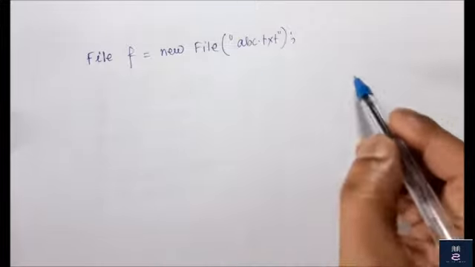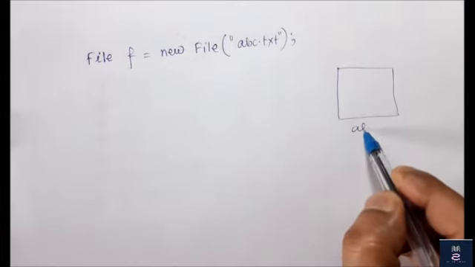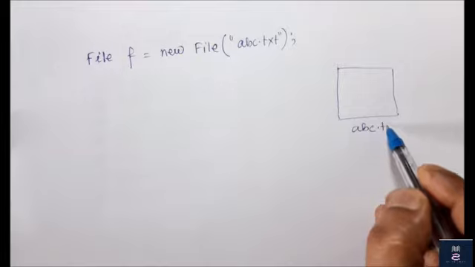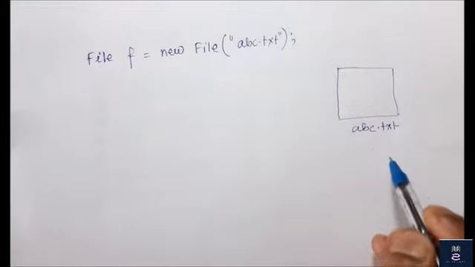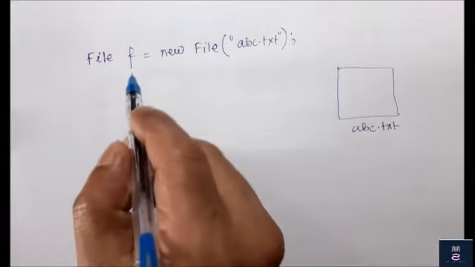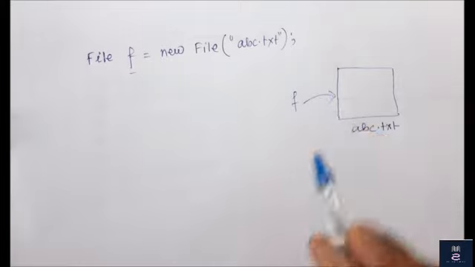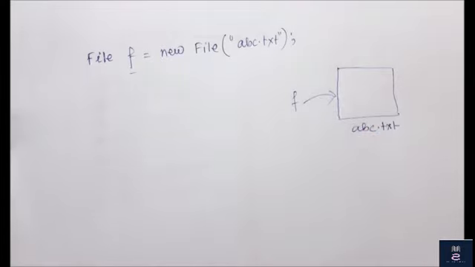I have written a file whose name is abc.txt. If it is present somewhere in my directory, then this file object f will refer to this text file. And if the file does not exist, it will return false.